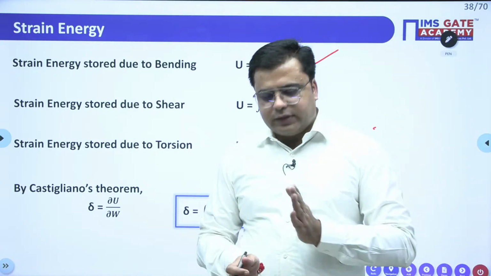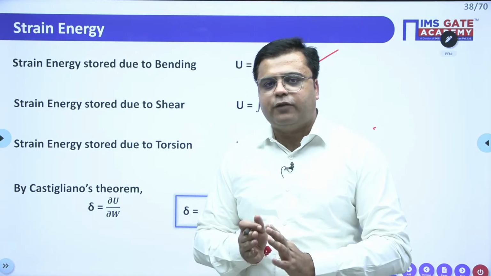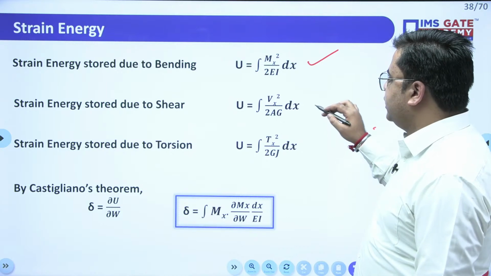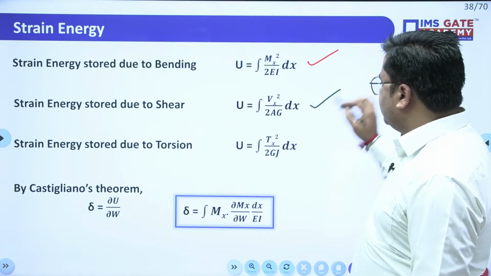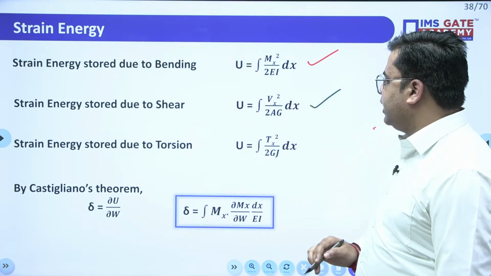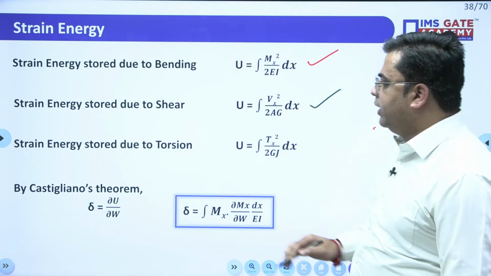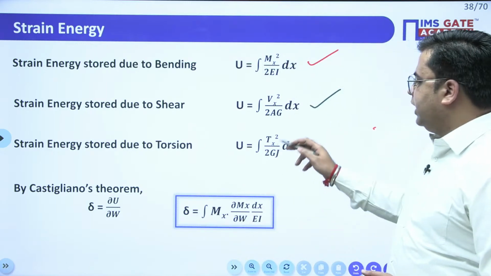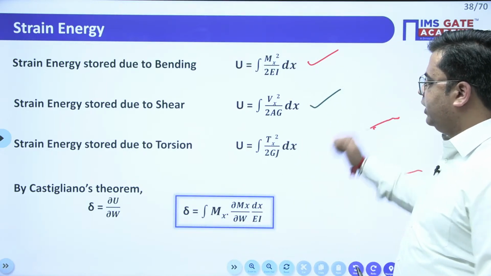Similarly, if shear force is acting over a structure, the strain energy stored is integration of Vx square upon 2AG into dx, right? For strain energy stored due to torsion, it is equal to Tx square upon 2GJ into dx, right?